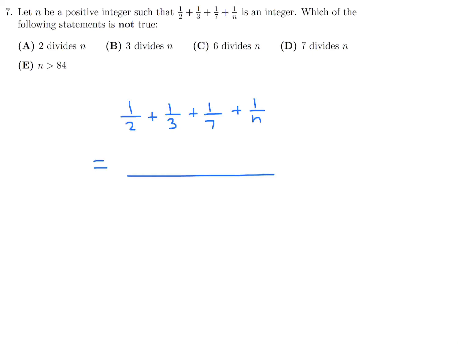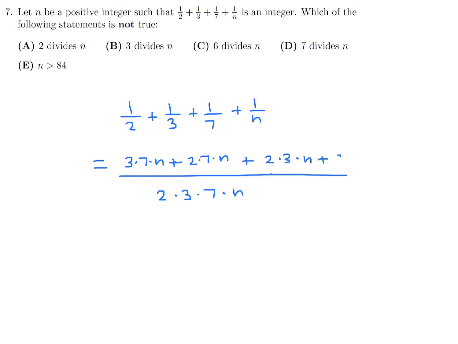So the common denominator is going to be 2 times 3 times 7 times n. All right, so this first one becomes 3 times 7 times n. And the next one becomes 2 times 7 times n. The next one becomes 2 times 3 times n.